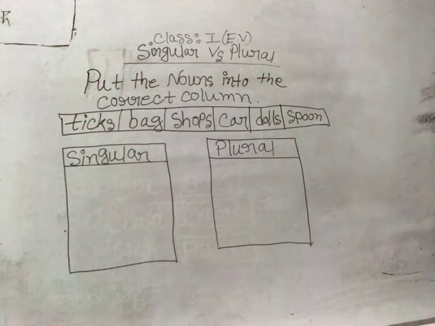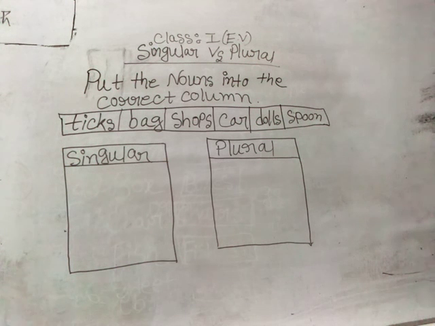Bag, B-A-G, means the thing that we use to carry our book. Shops, S-H-O-P-S, means where we can buy things. C-A-R, car means a kind of vehicle. Then dolls, D-O-L-L-S, means toy. The last one is spoon, S-P-O-O-N, spoon.